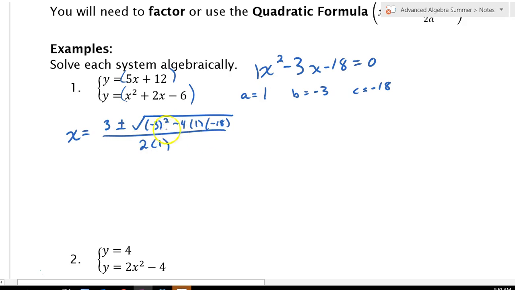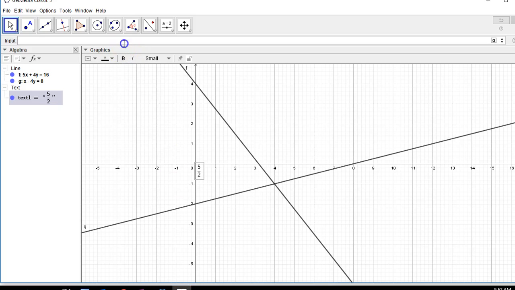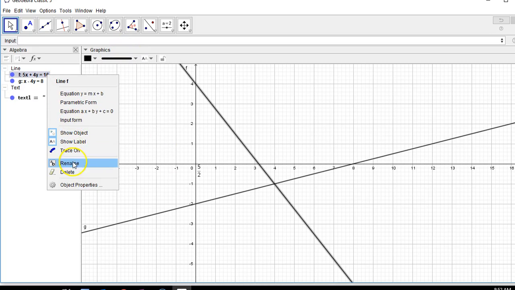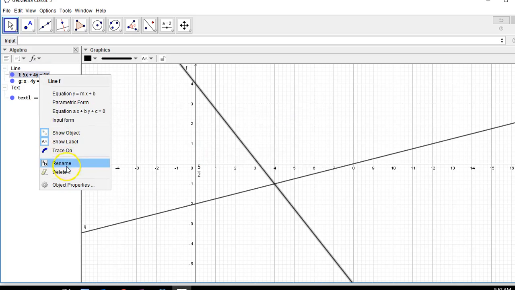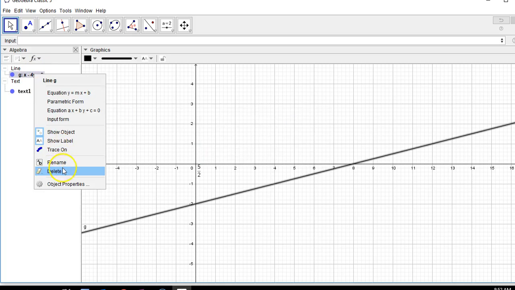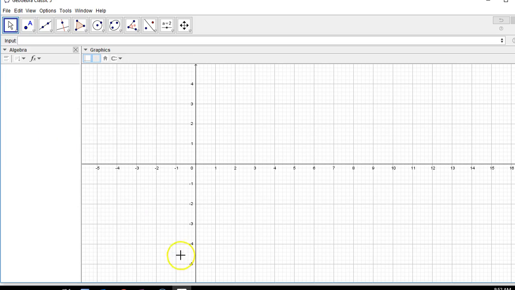So we've talked before about putting this into GeoGebra without the square root symbol. So if we go ahead and do that, we have negative 3 squared minus 4 times 1 times negative 18. Now let's go ahead and clear all this out. Delete.